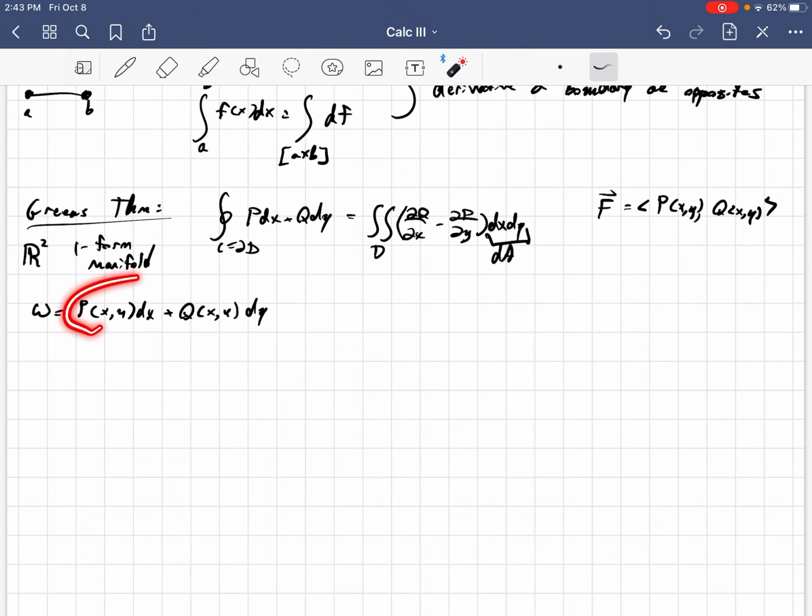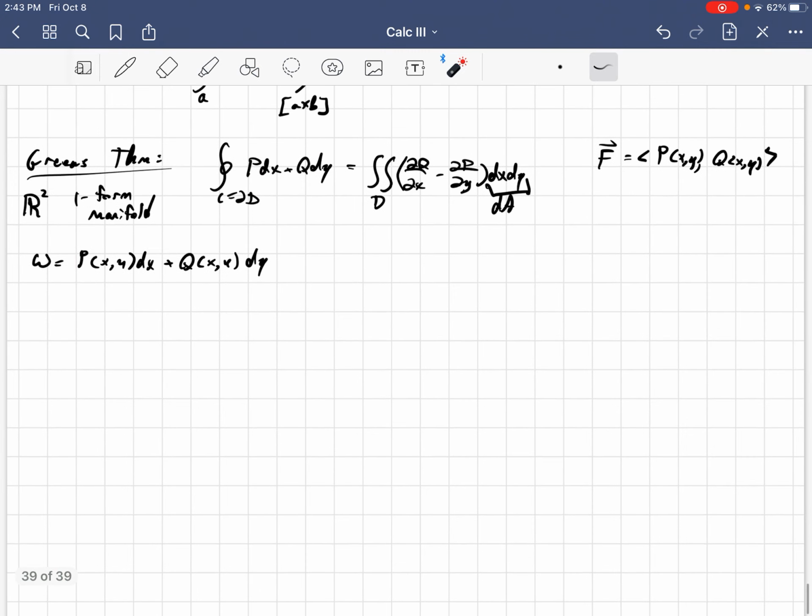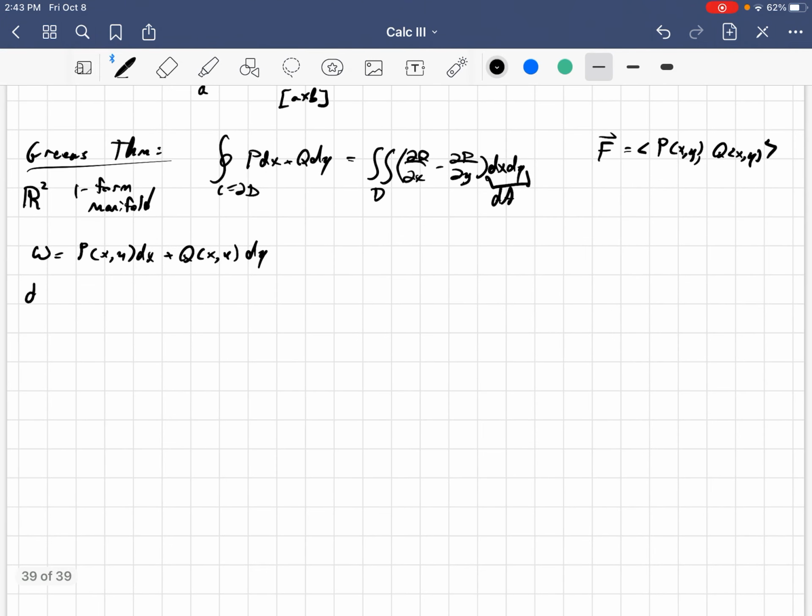It's actually exactly what we have on the left-hand side. We're halfway done. Now d omega I'll write for now as just dP dx plus dQ dy.